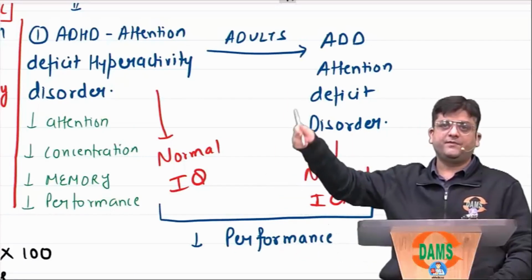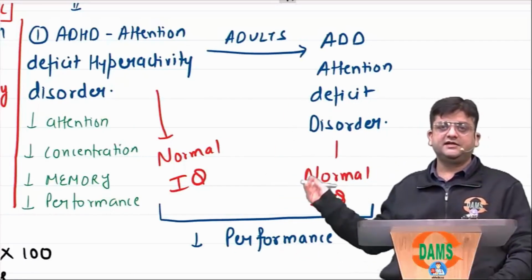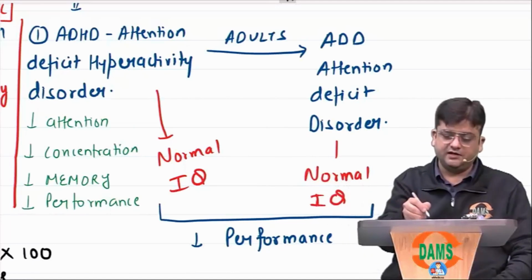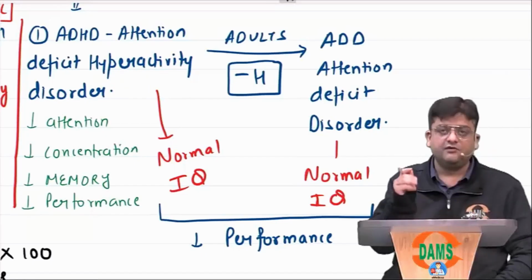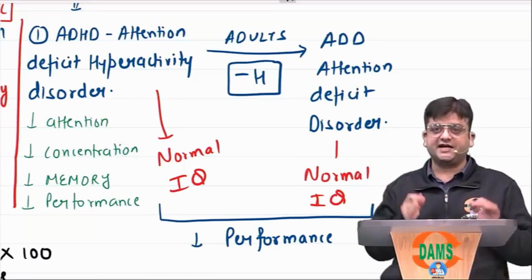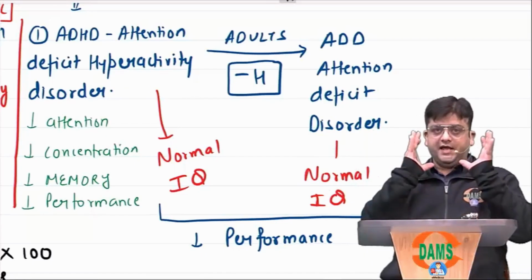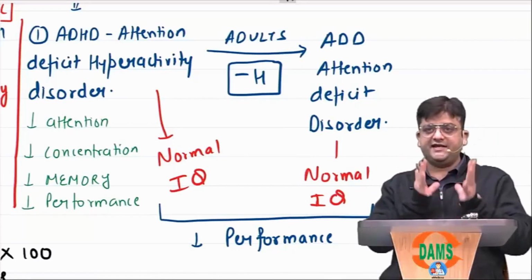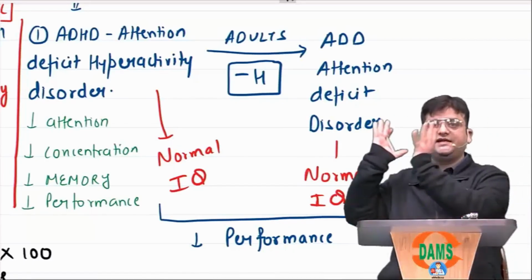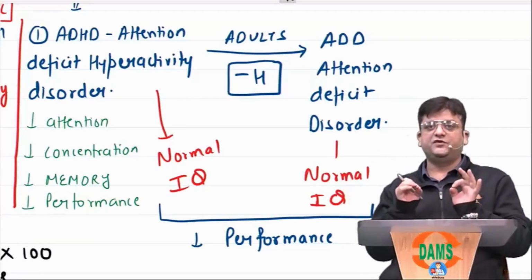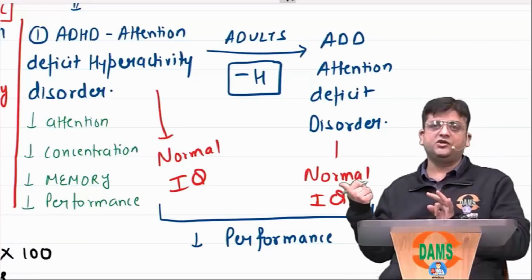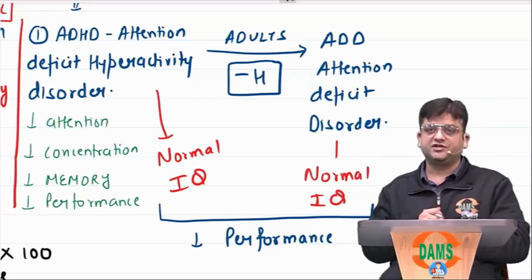ADHD in children becomes ADD in adults. The hyperactivity component becomes less when you become an adult. Do you understand this? As a child, ADHD becomes ADD in adulthood. So in adults, the chances of performance decline with normal IQ is due to attention deficit.